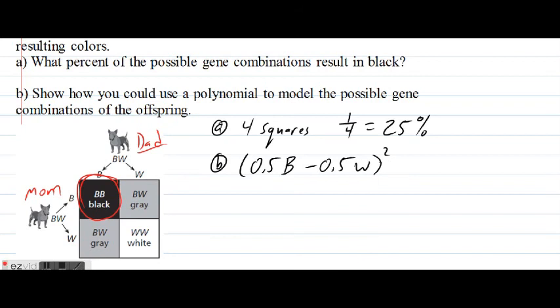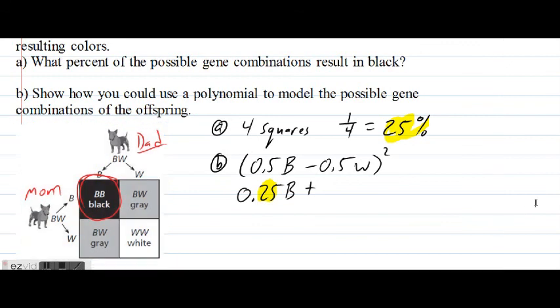So if I had 0.25, so 25%, this 25% is coming from right there. 25% chance that the puppy is going to be black, plus the B and the W. Alright, the B and the W is going to give us this gray.